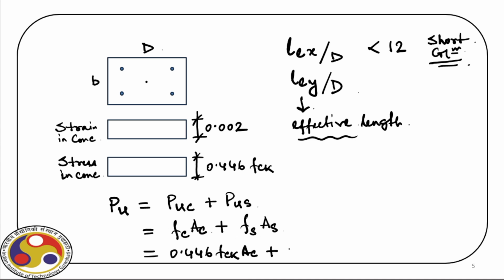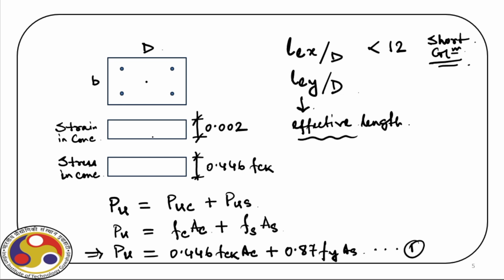Plus, for steel we know it is 0.87 because we have defined the material factor times Fy times As. So, the load carrying capacity, ultimate load carrying capacity of the column is shown here, as you can see. So, this is equation number 1.